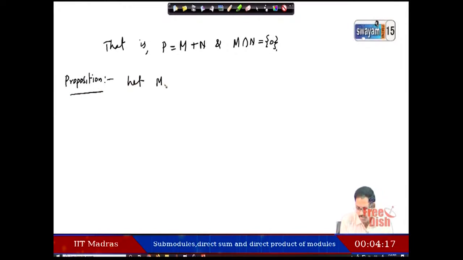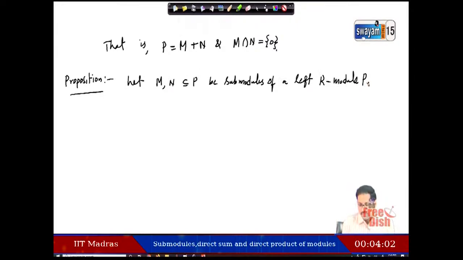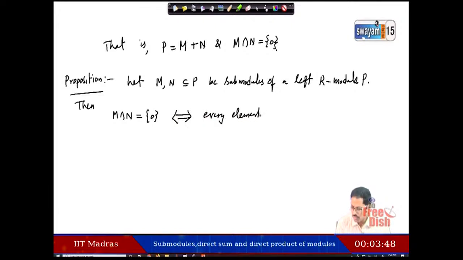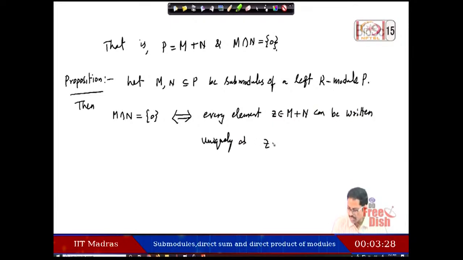So, let M and N be submodules of P. Then M intersection N equals 0 if and only if every element Z of M plus N, every element Z belonging to M cross N, can be written uniquely as Z equal to x plus y, where x belongs to M and y belongs to N. Now let us see the proof.